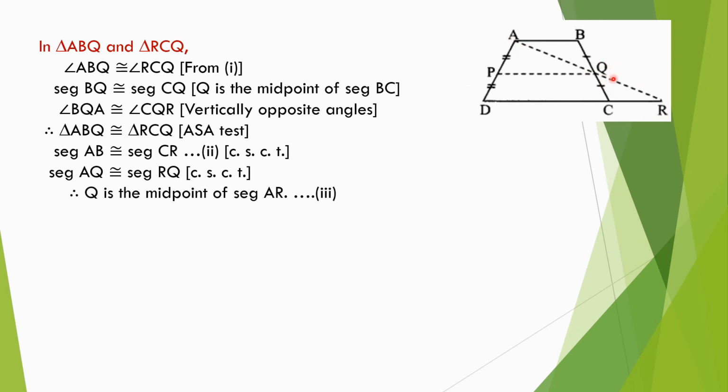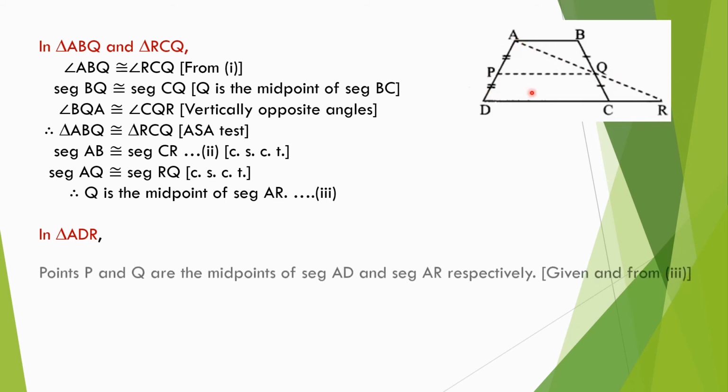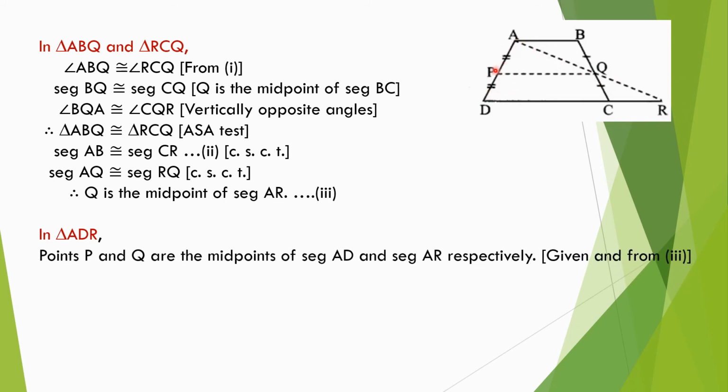And now I am considering the bigger triangle ADR. In triangle ADR, the points P and Q are the midpoints of segment AD and segment AR respectively. That is already given and from equation 3 also.